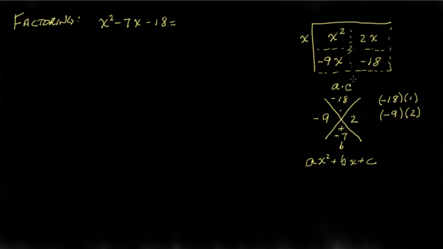And this starts the factoring process because x times some quantity gives me x squared, so that other quantity must be x. x times some quantity gives me negative 9x, and so this must be negative 9. x times some other quantity must give me 2x, and so this must be 2.